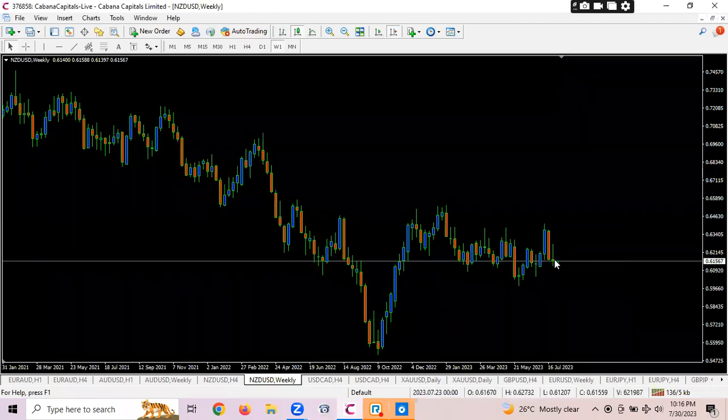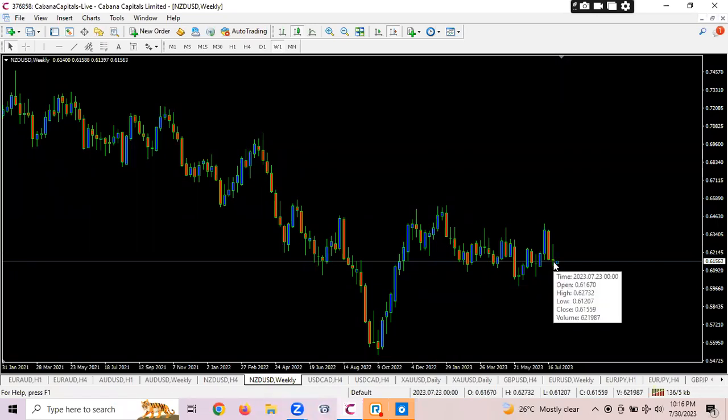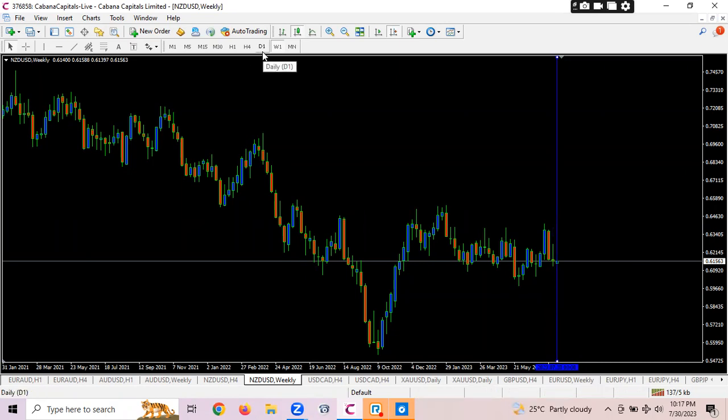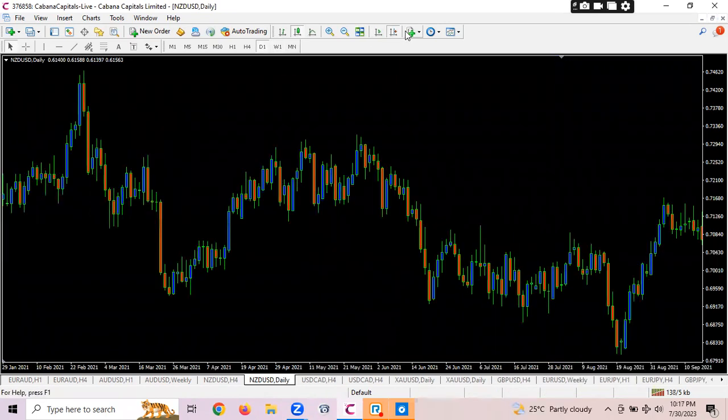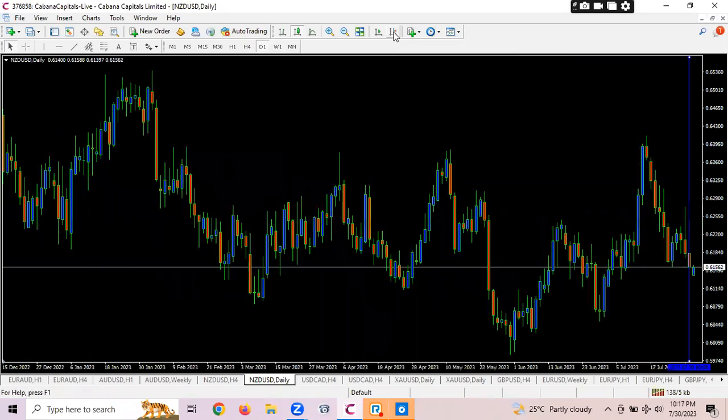So we had a doji, or call it an inverted hammer, last week. So let's go down to daily and see the formation we had on daily after the formation of that inverted hammer or doji, or you call it spinning bottom, whatever. All three candlestick formations indicate a change in trend from bearish to bullish.